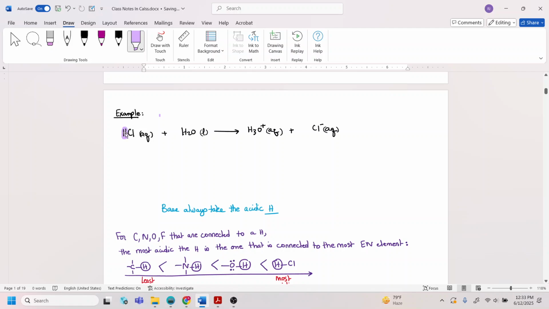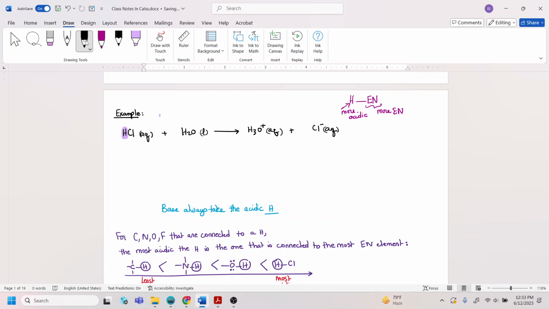To determine which one is more acidic than the other, I need to look at what element the hydrogen is connected to. By definition, a hydrogen needs to have a partial positive charge, so the hydrogen needs to be connected to an electronegative element. And the more electronegative the element next to the hydrogen, the more acidic the hydrogen is.